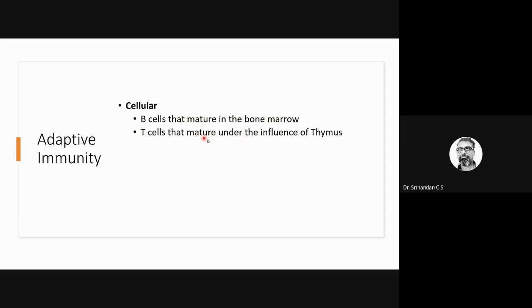What is actually maturation is, they will learn, once it is matured, they have learned that whether it can recognize the self and it can discriminate between the self and non-self. If it can discriminate, it means it is matured. Okay, that maturation will occur in these particular things.